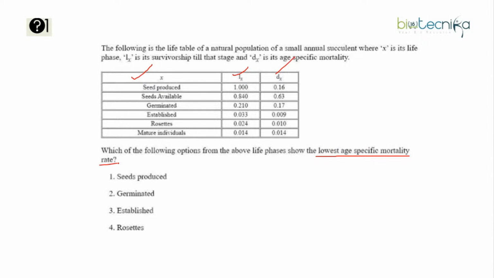For those who are a Biotecnika student, we have already discussed this in the class. We have discussed the life table in the class. We have seen how to calculate the life table. And these terminologies, these things are very familiar to you. And I hope that you remember that discussion.